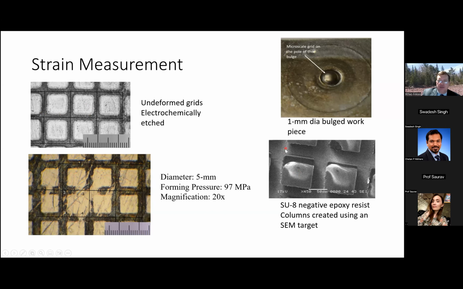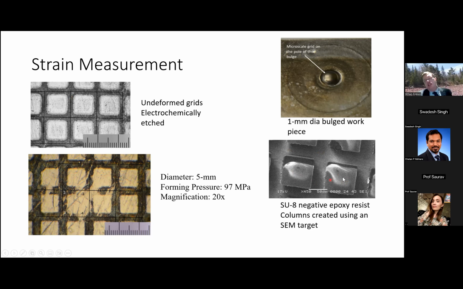So he spun SU8, used an SEM grid, exposed the workpiece to ultraviolet light, and then developed it. He washed away the unexposed SU8 in order to form these columns, which he used as a mask to electrochemically etch grids.